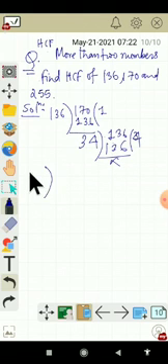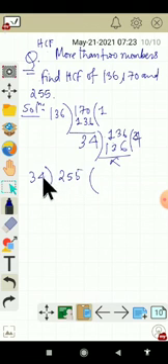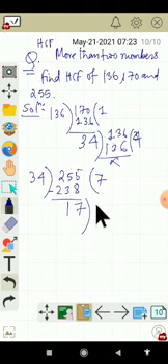So again we have to divide this 255 by 34. It will go 7 times: 7 times 4 is 28, 7 times 3 is 21 and 23, so the remainder is 17. Now divide this 34 by 17.